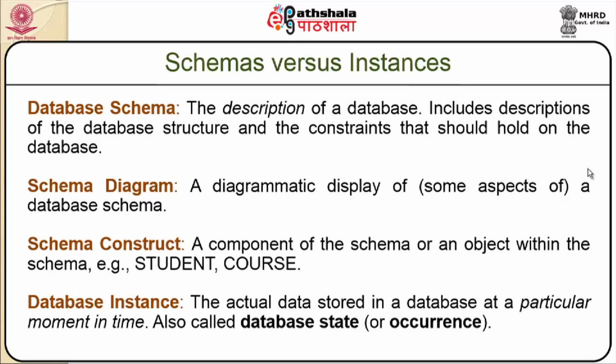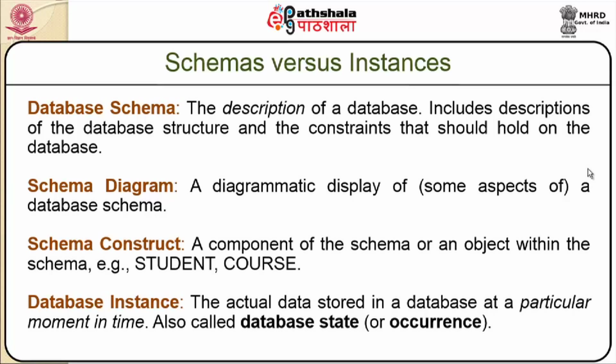So, to represent this, we will draw a schema diagram. This is a diagrammatic display of a database schema. And to define the schema construct, a component of a schema or an object within the schema, we can say it as a student, course.